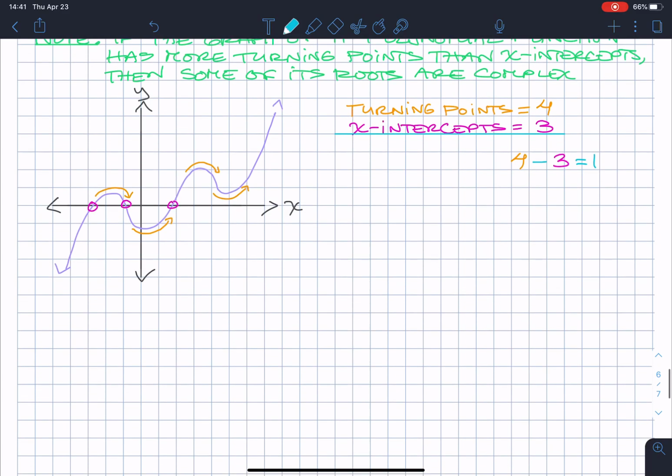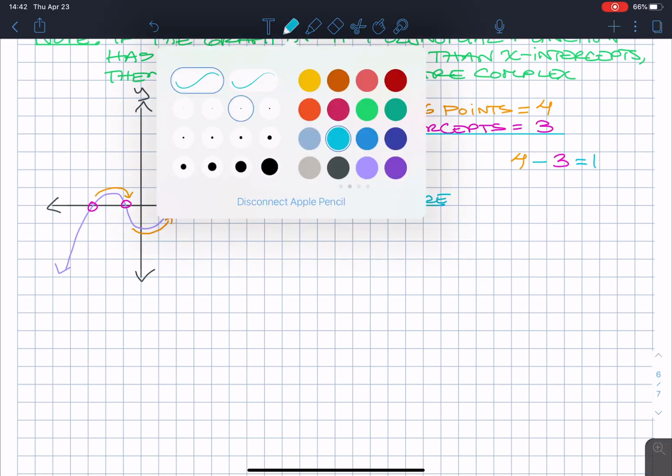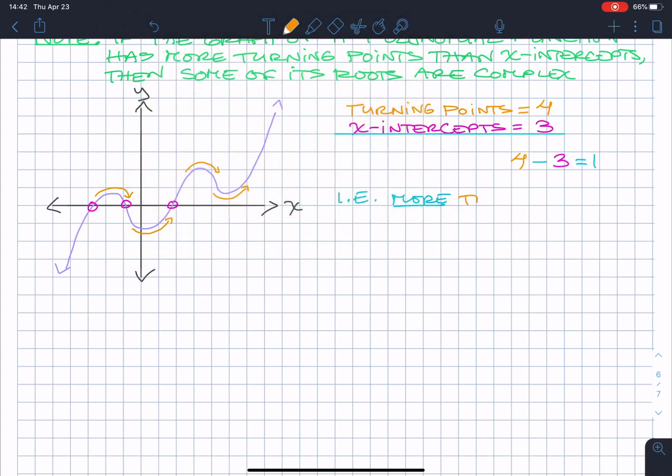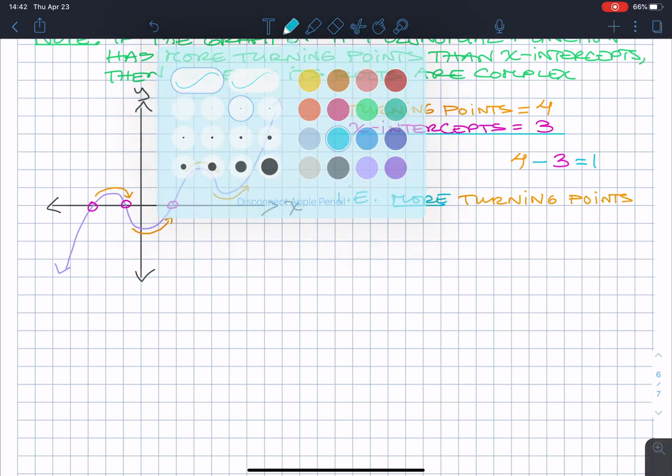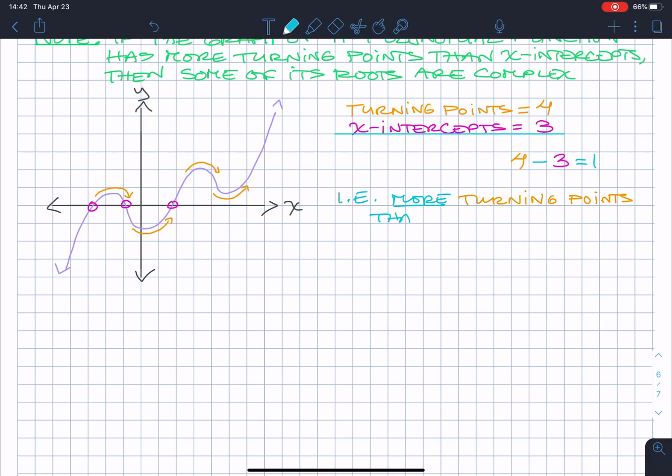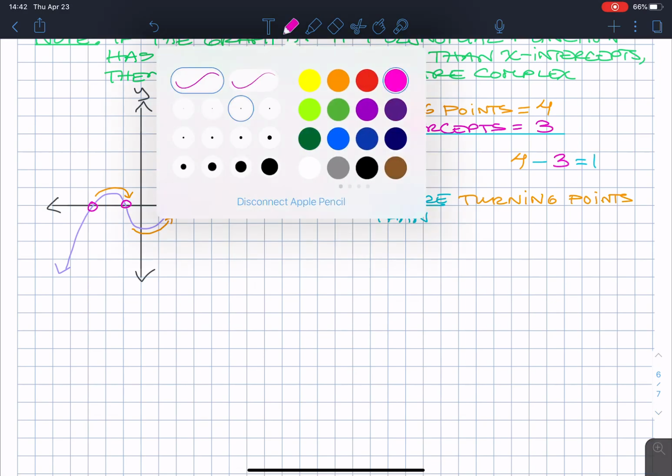So that is, more turning points. Doesn't matter how many more. It just has to be at least one more. So more turning points than x-intercepts.